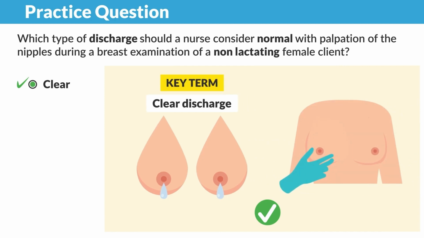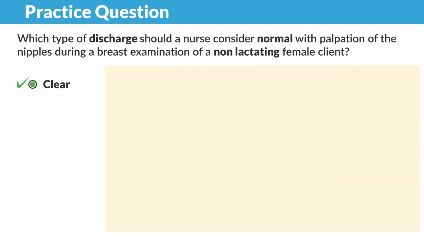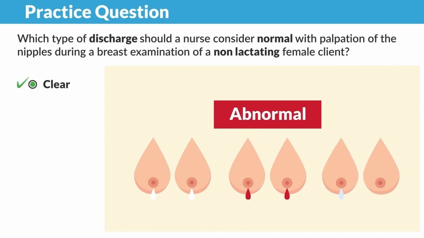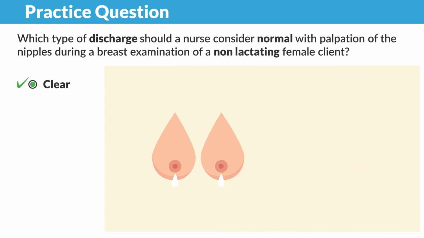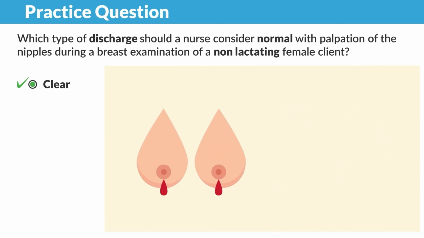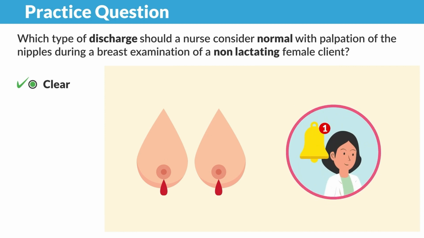So the key term there is clear discharge. Now, once again, milky discharge, blood-tinged discharge, and discharge from one of the breasts are abnormal findings in this examination. A milky discharge is normal only during pregnancy or lactation. A client with any bloody or blood-tinged discharge should be referred to the physician or HCP for further evaluation.